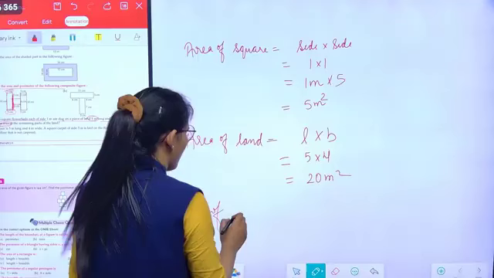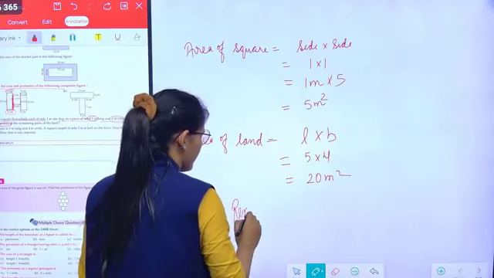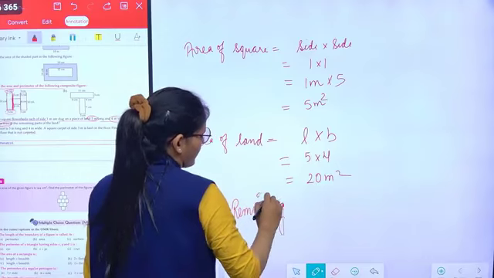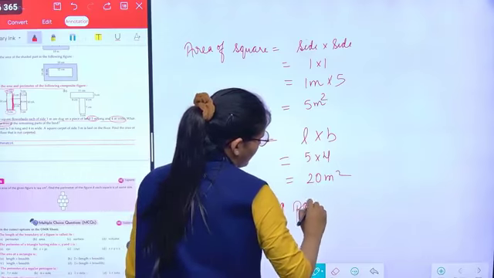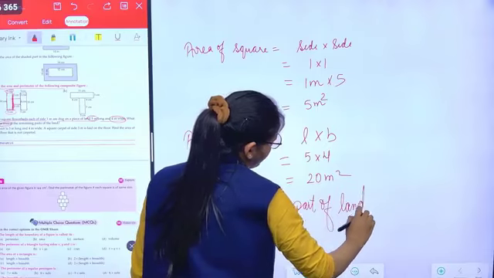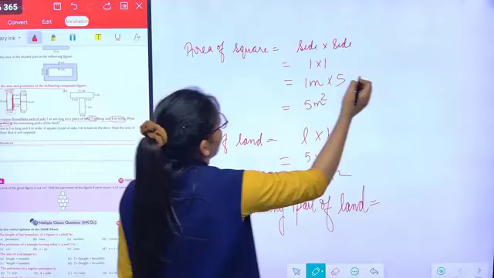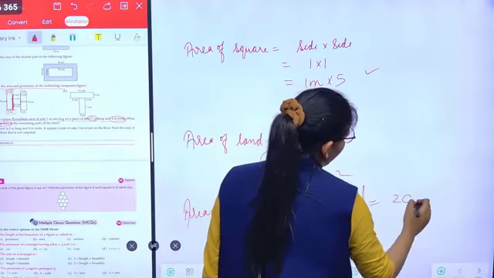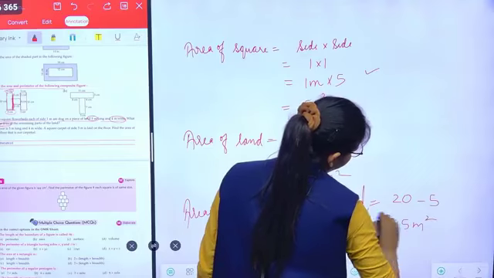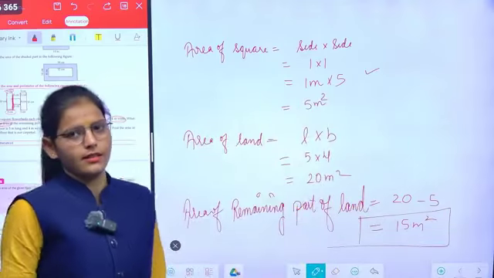Area of remaining part of land, that is 20 minus 5 square. This is our remaining part class.